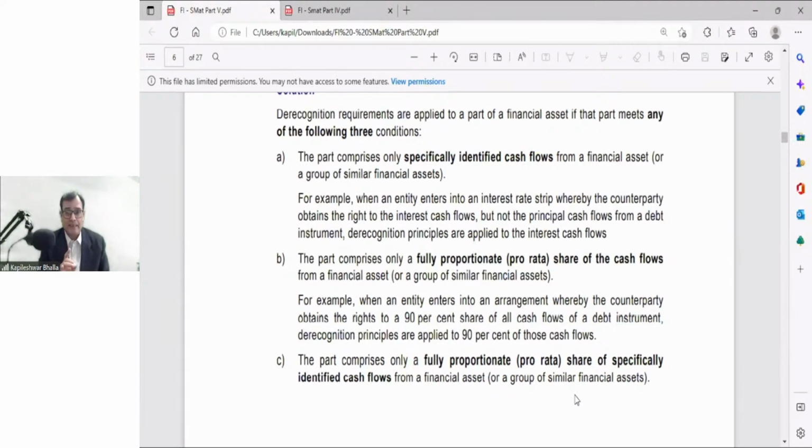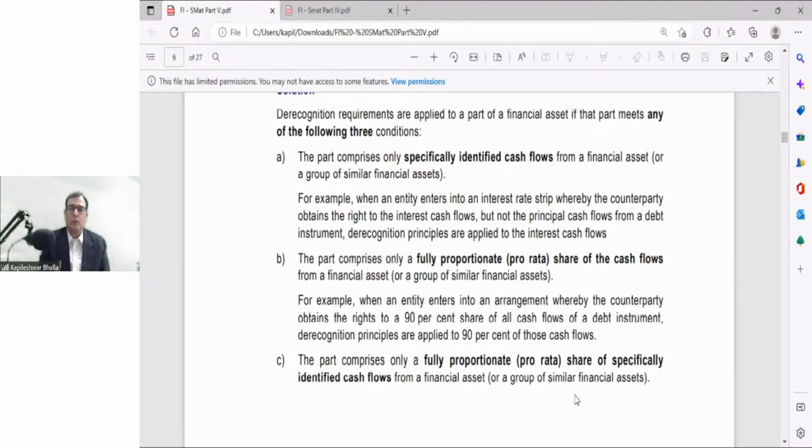Clause A says that you are transferring either principal or you are transferring interest. But in this particular case, we are transferring 100% principal or 100% interest. So it says specifically identified cash flow.